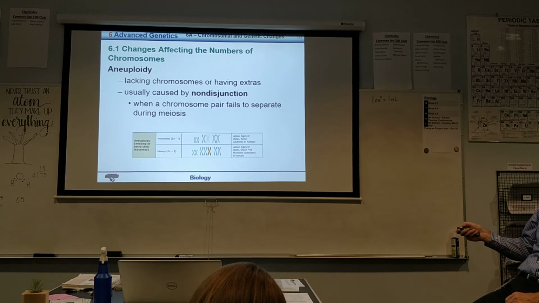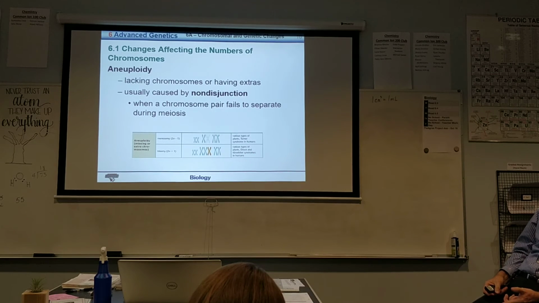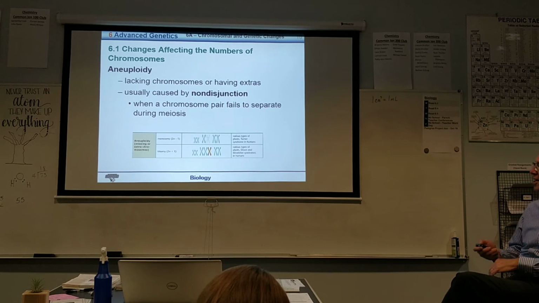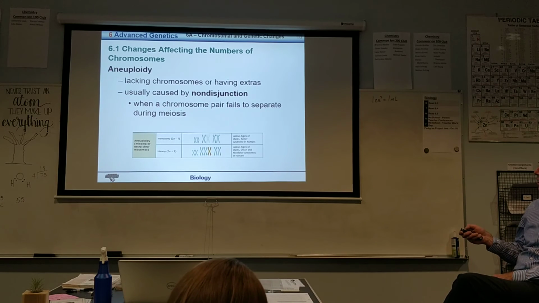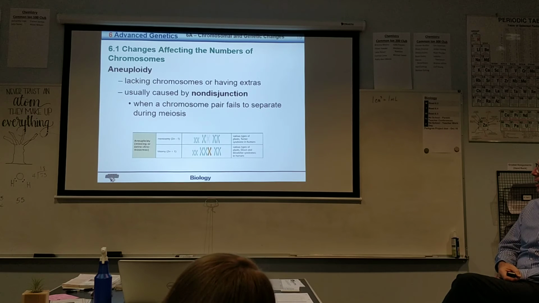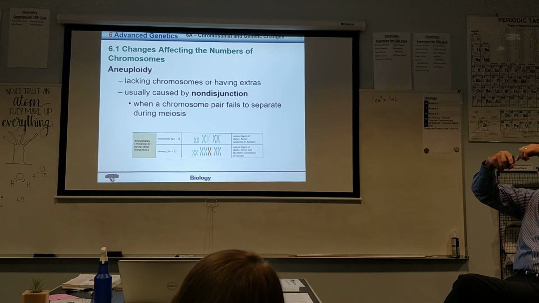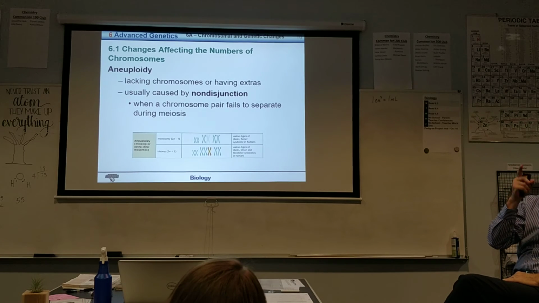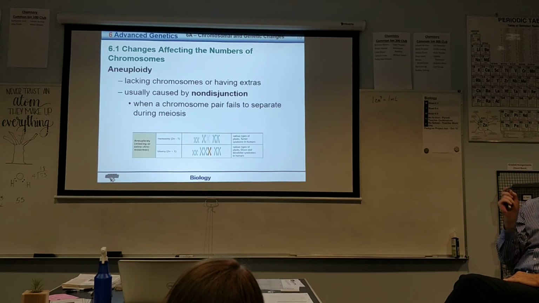There are other syndromes, Turner syndrome and Klinefelter syndrome, that have some of that same thing going on. Turner syndrome is one where, in that splitting and forming a gamete, they're getting the gamete that didn't get that one chromosome.